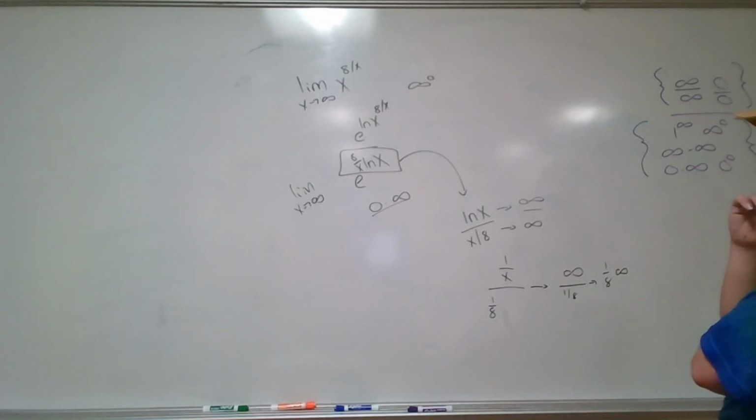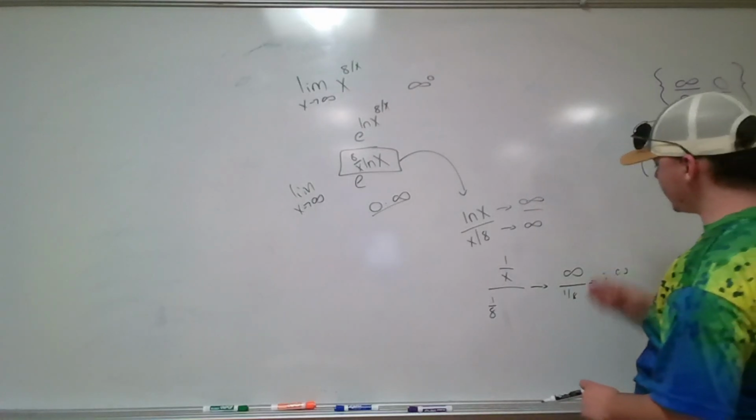We got into an indeterminate form, so there's infinity over a. Now ln x, the derivative of that is 1 over x. Oh, what did it end up with?